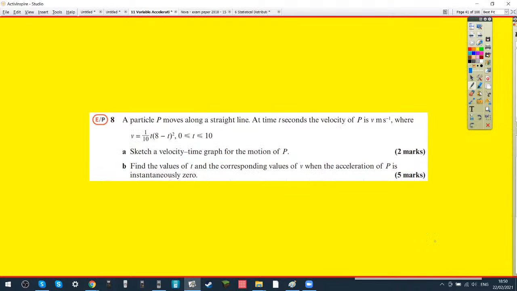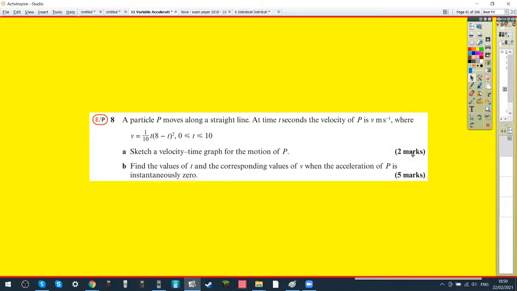K6. Sketch a graph, that's alright. Find the values of t and the corresponding values of v when the acceleration is 0. So what is 0 for this one?